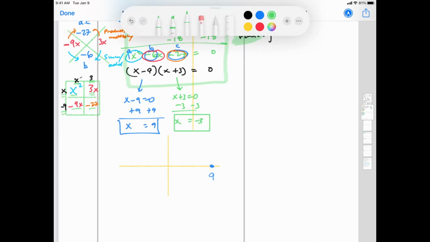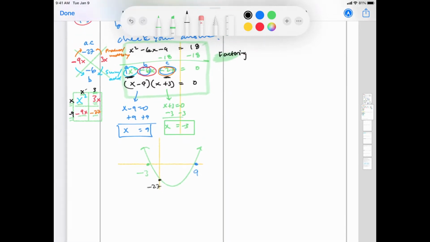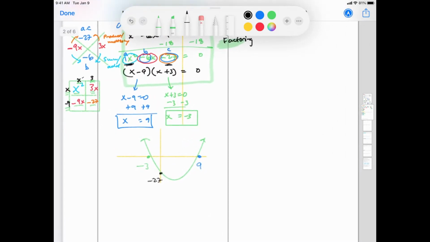This one is negative 3. And my graph would look something like this. Okay? And I can tell you a bunch more stuff. I know that A value opens up, and there is negative 27, the y-intercept. And now it's going to tell us to check your answer.